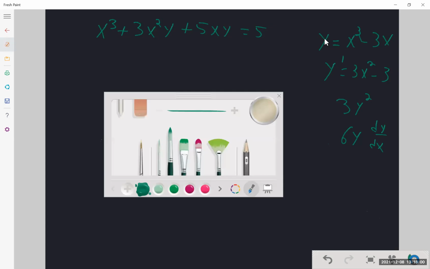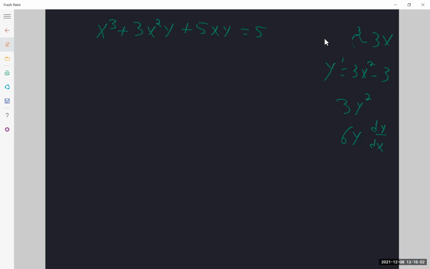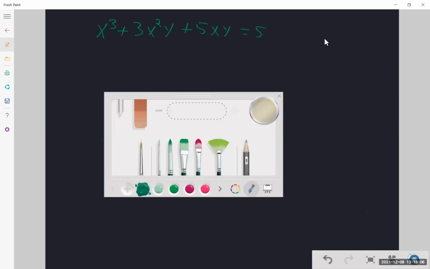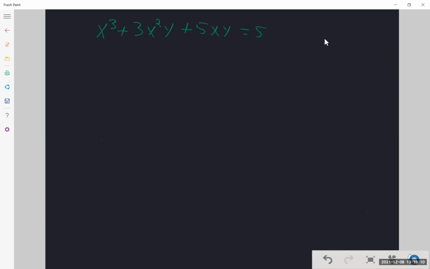So let me get rid of this stuff and we will start fresh. Like I said, you start by taking the derivative of each term, which looks like this. The derivative of x cubed is simply 3x squared. The derivative of 3x squared y: here I need to use the product rule because x squared and y are being multiplied by one another.